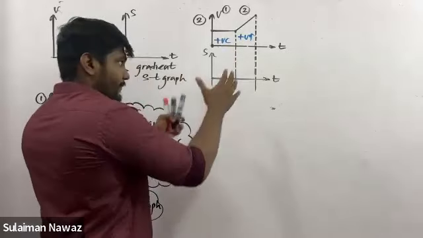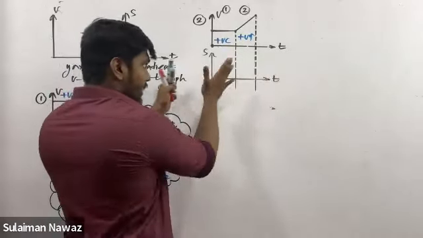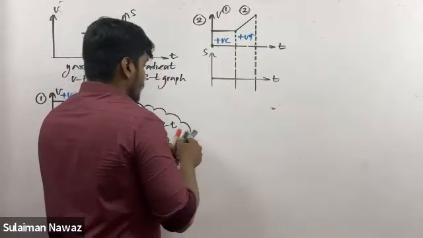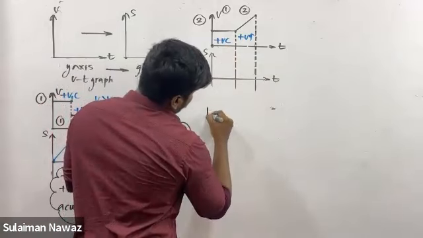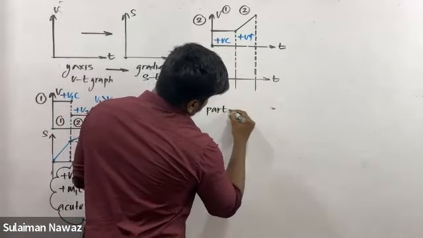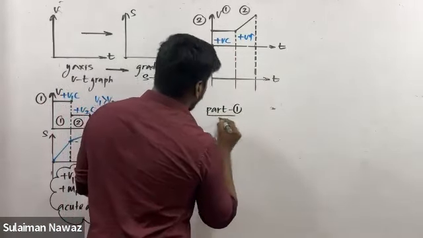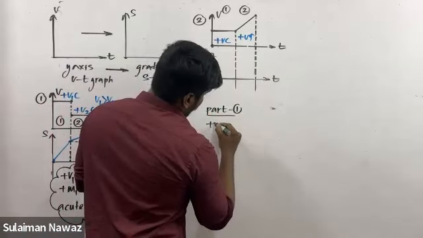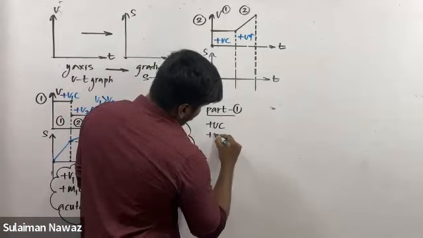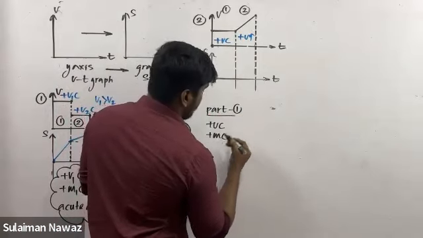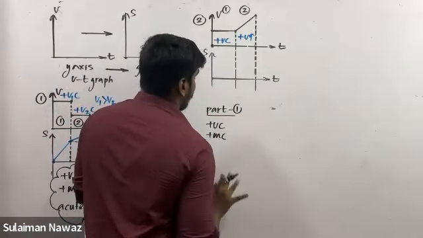So first in a few graphs, I will write down in detail. Graph part 1. Positive velocity constant means I can say that positive gradient constant in ST graph.